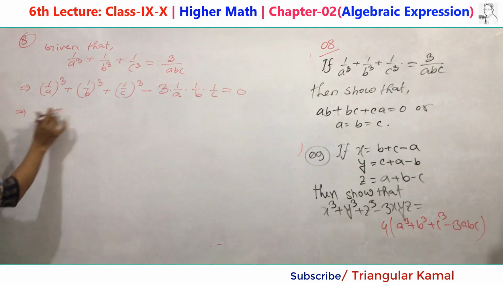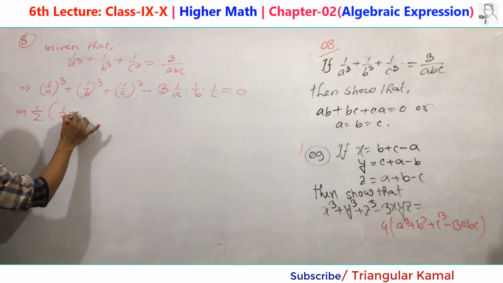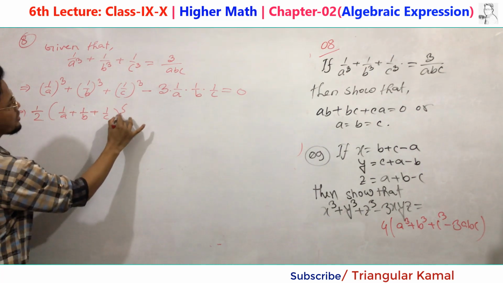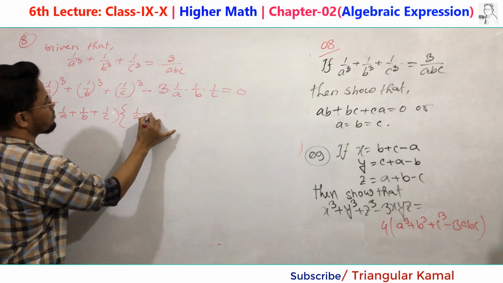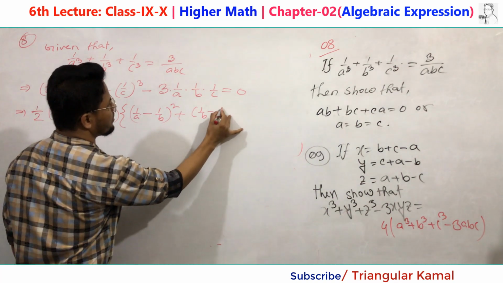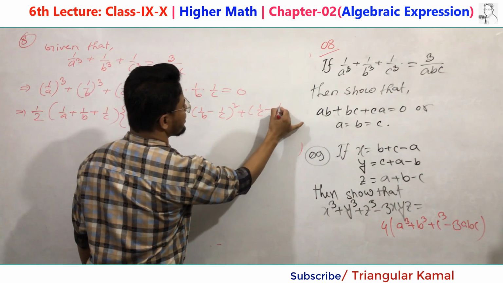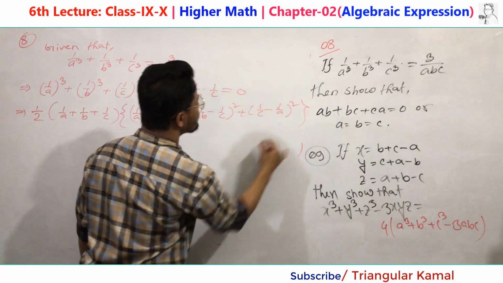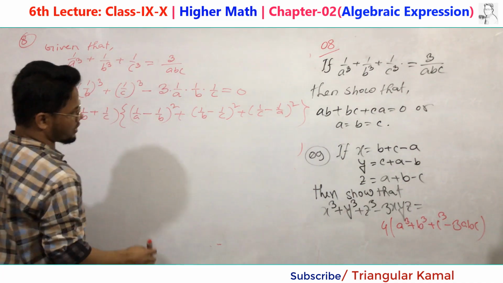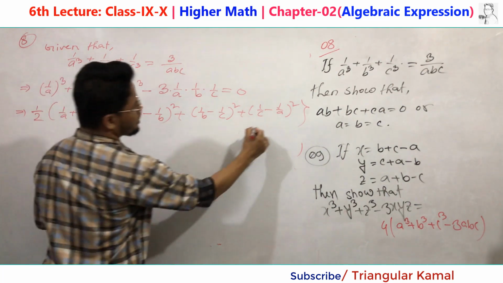So use the corollary form: half times of a plus b plus c, second bracket 1 by a minus 1 by b, a minus b whole square plus b minus c whole square plus c minus a whole square, just using the corollary form of a cube, b cube, c cube minus 3abc. This one on the right side, there will be 0.